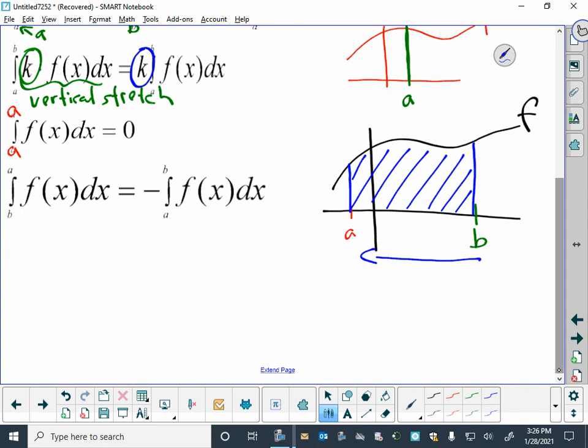Well, the effect of that, if you remember when we determined the widths of our rectangles, we said it was b minus a divided by n, right? Well, if we get those switched around, then it's going to switch to a minus b over n, and we're going to have a small number minus a bigger number divided by n, and this is going to be negative.